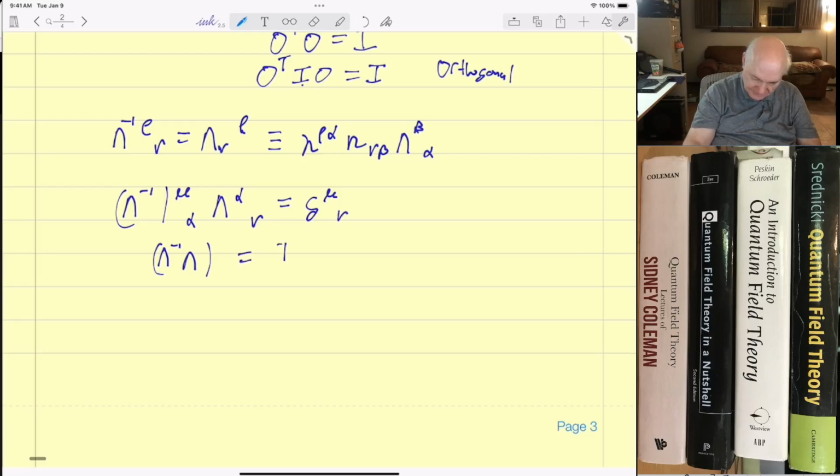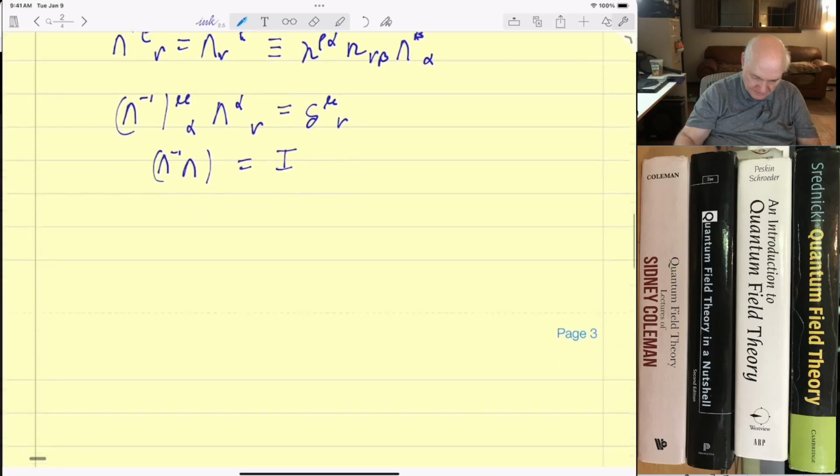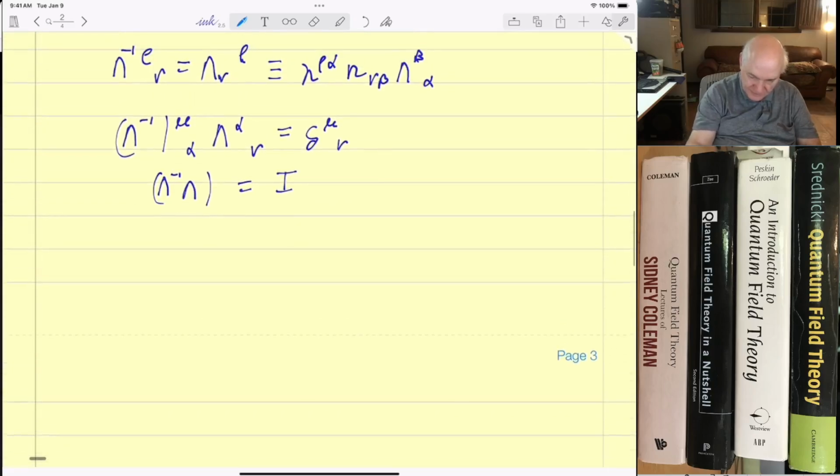It's equal to the identity. Okay, so let's just substitute and see if this is correct. We have to verify that. So let's just substitute for this definition over here. And you just have to keep careful control of your indices.